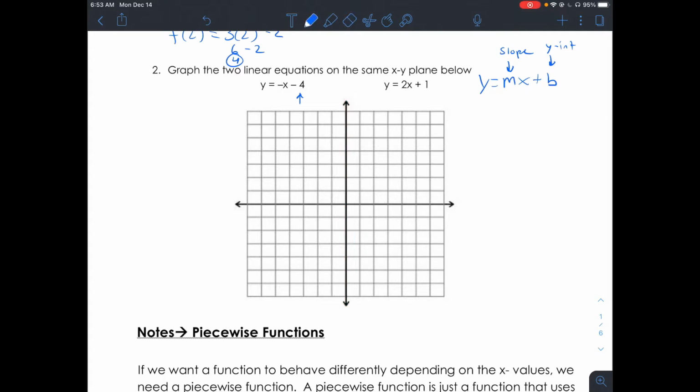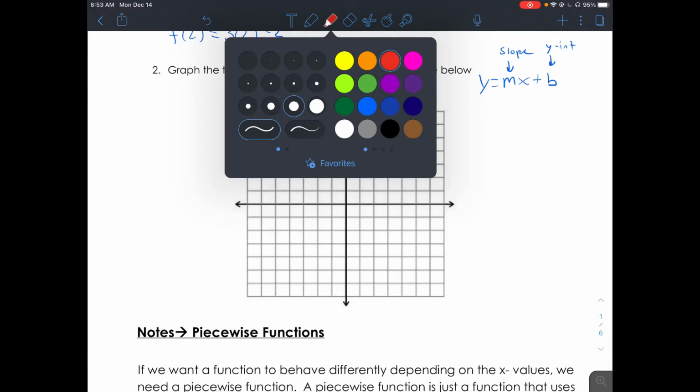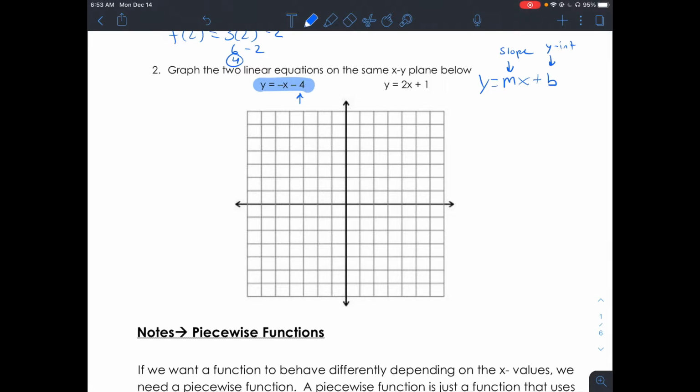So that number is a negative 4, so my line is going to hit at negative 4 on the y-axis, like 1, 2, 3, 4. It's going to hit right there. I'll highlight this in blue so we know which one's which. And then my slope here is, oh sorry, it's negative 1.